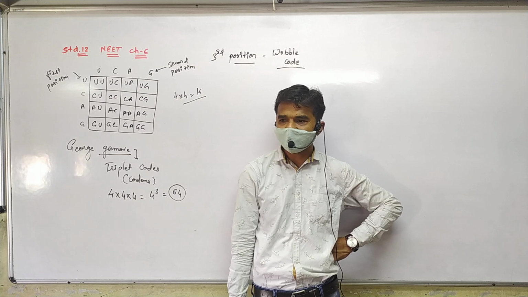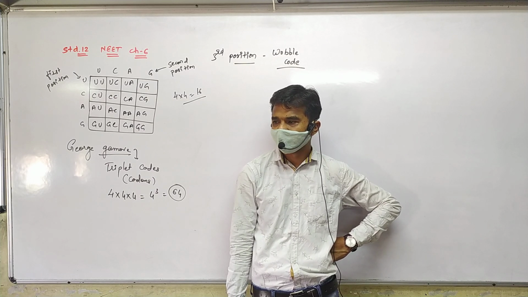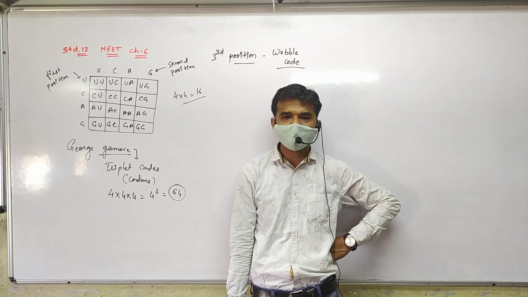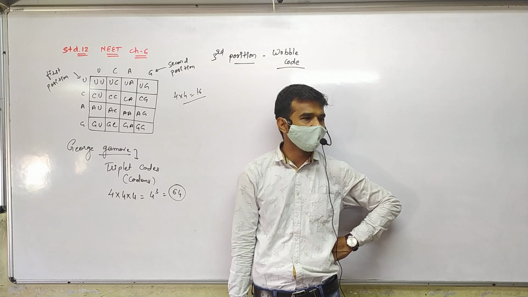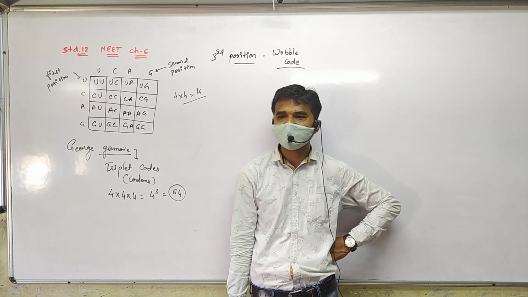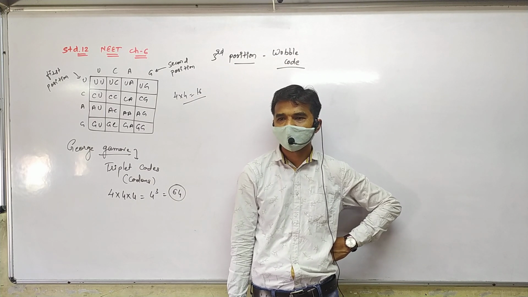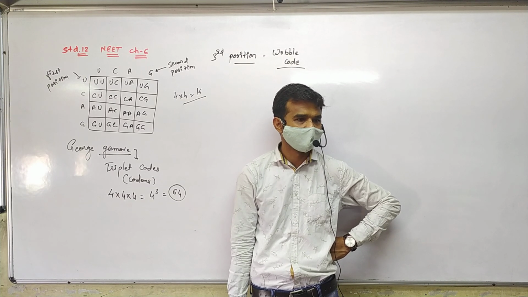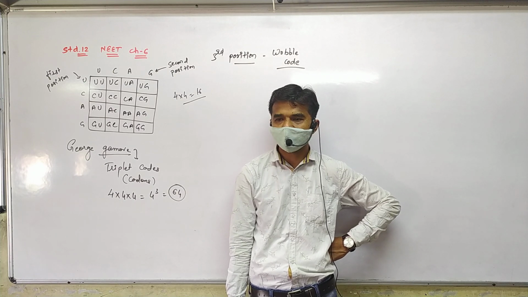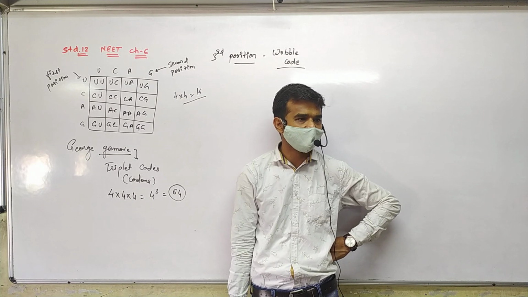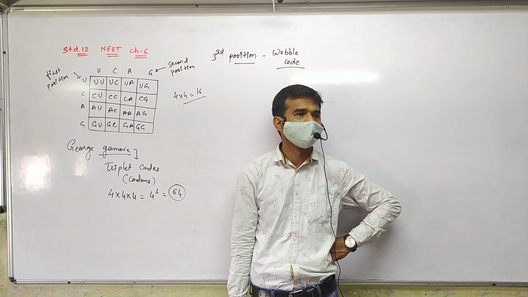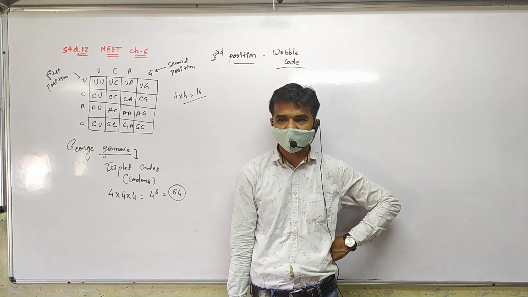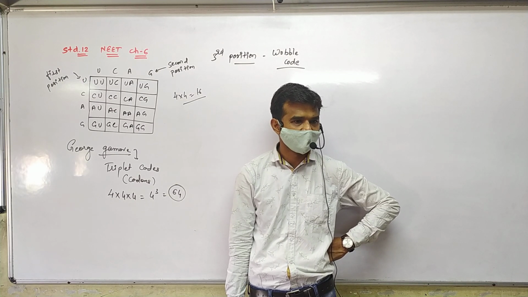What do you mean by degenerate codons? When an amino acid is represented by more than one codon, these codons are known as degenerate codons. There are a total of 59 degenerate codons.